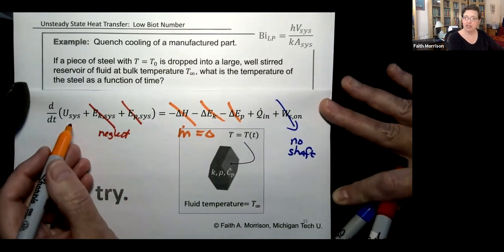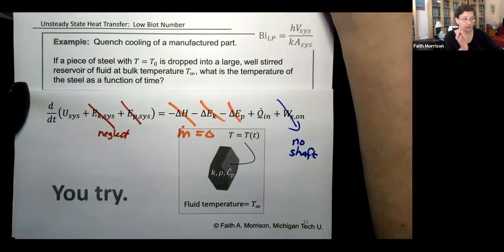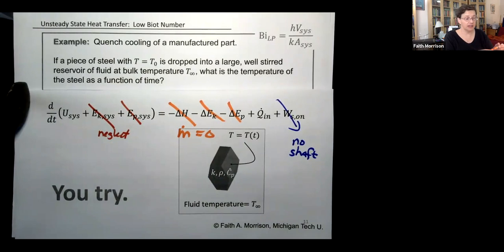Does the internal energy change? So it was just recently, so you haven't studied it, haven't thought about it too much, but we talked about the things that cause internal energy to change are temperature, chemical reaction, and phase change. So is any of that changing in the part? Temperature, chemical reaction, phase change.